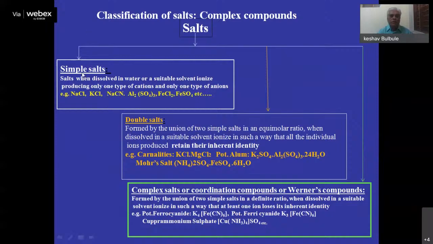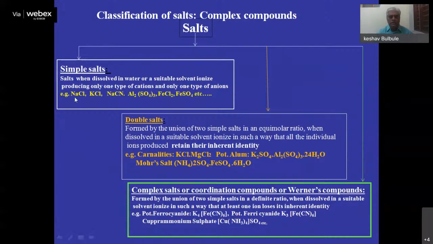For a simple salt, as you must have analyzed in the lab, a salt when dissolved in water or any other suitable solvent produces only one type of cation and only one type of anion. There should not be more than one type of positive radical, nor more than one type of negative radical.